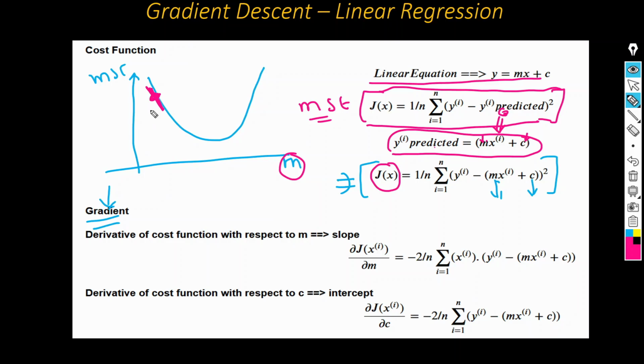So the slope formula will be like this. It means we have to calculate the derivative with respect to m. Then the derivative of the cost function with respect to m will be equal to this. This we can calculate with the help of the chain rule. If you apply the chain rule in this particular equation, you will get this particular output.